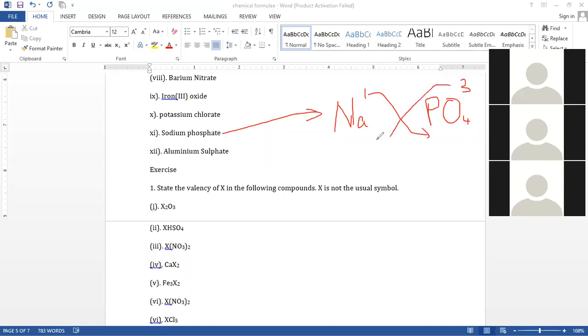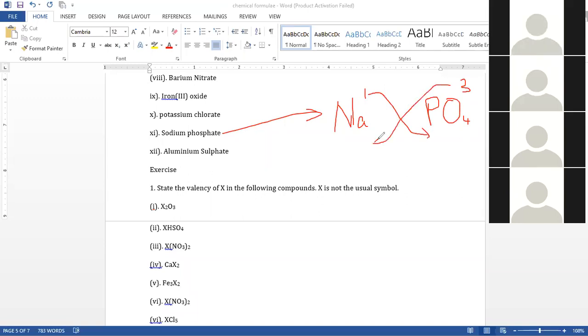So 1 comes here, 3 comes here. This gives us sodium. The 3 comes this side, then phosphate. Since there are 2 or more atoms in this radical, we put brackets and put a 1. But we agreed that in chemistry we don't write ones. Do you remember that?